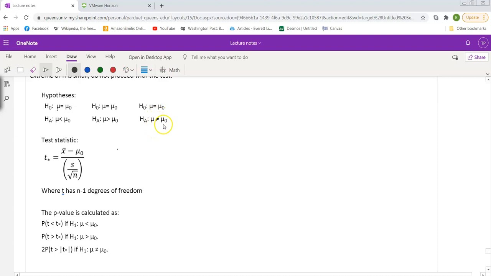And just like before, the not equal to is our two-tailed alternative hypothesis, whereas these other two are one-tailed. Okay? And that's going to be important to us.